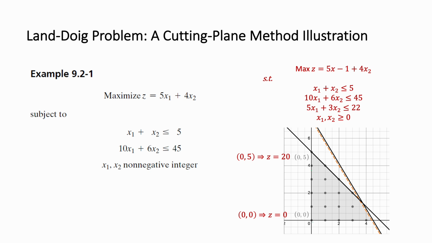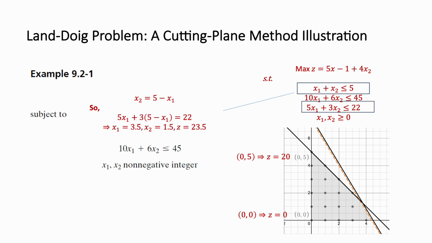So with this, okay, when we check that, we check the intersection of cut 1 with the first constraint. So cut 1 and the first constraint.